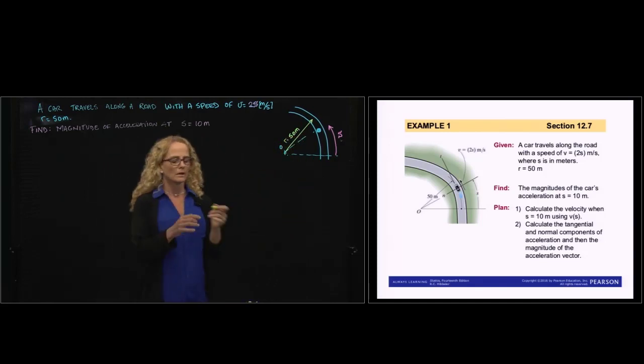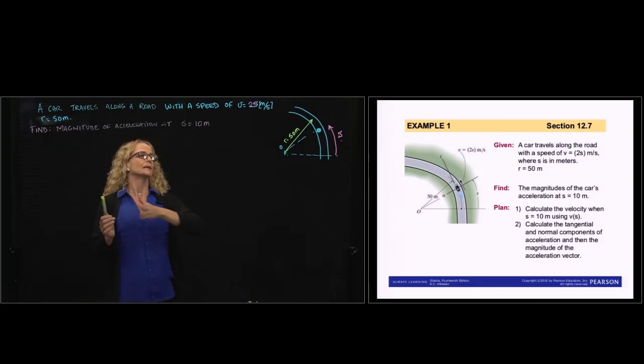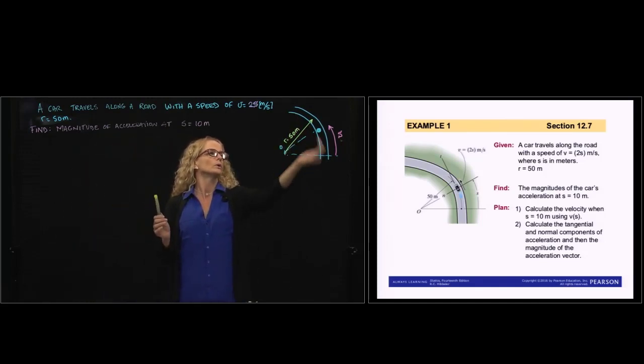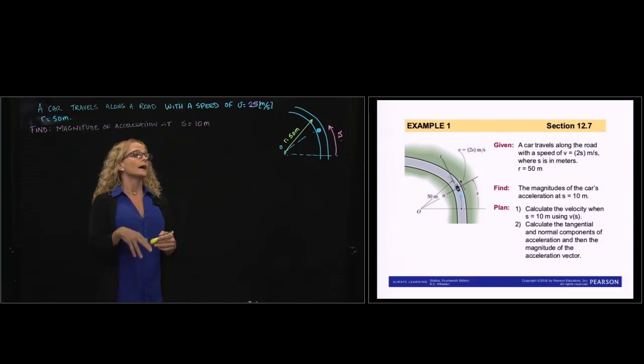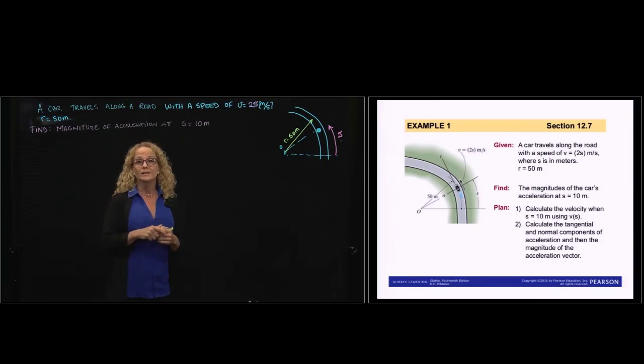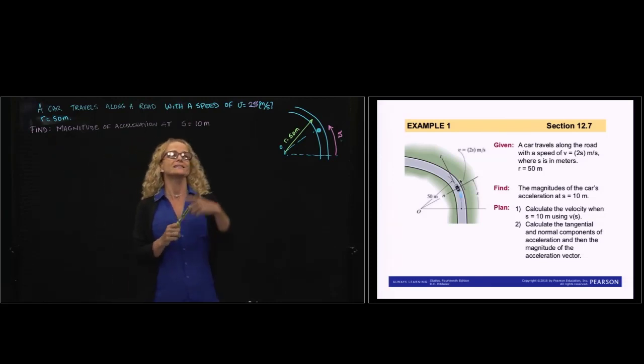So it's like you are traveling around a highway and then you take an exit, and that road has a curvature. We don't have only tangential acceleration, but we also have normal acceleration. So we want to find the magnitude of the acceleration at s equals 10 meters.